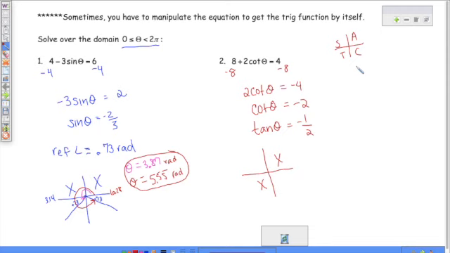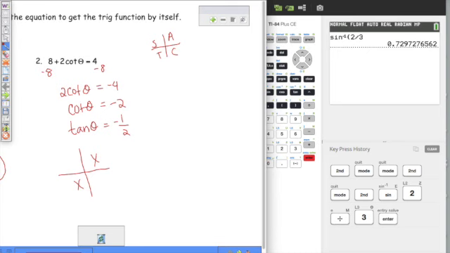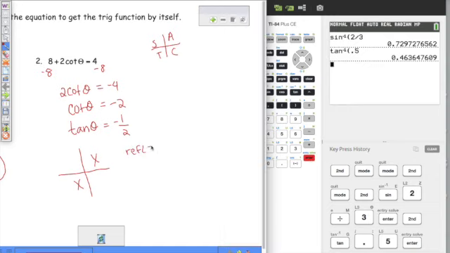So I'm going to do the same exact thing I did on that last problem, and type in the positive version of it. So inverse tangent of 1/2. All right, and it gives me my reference angle is 0.46 radians. So my reference angle is equal to 0.46 radians.